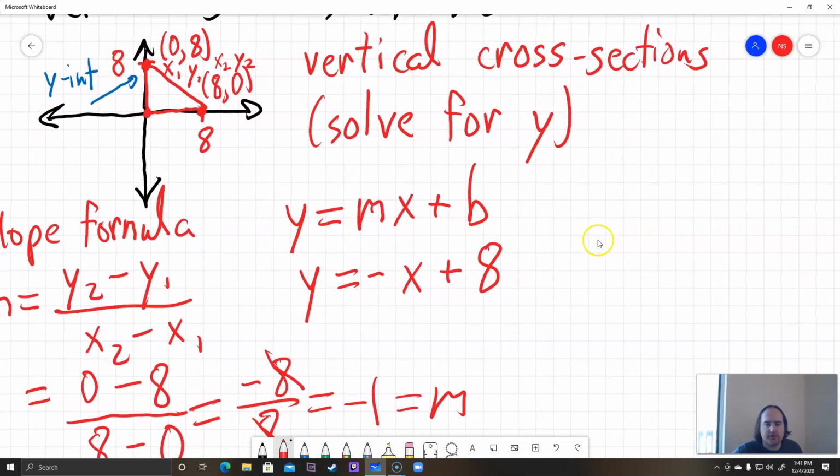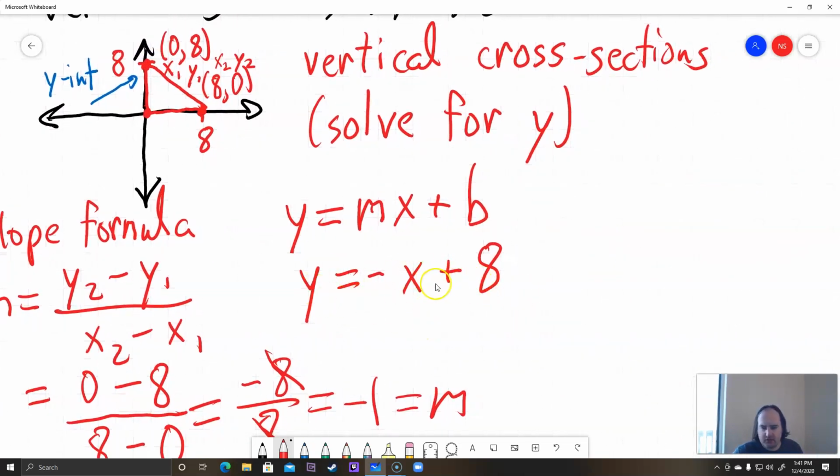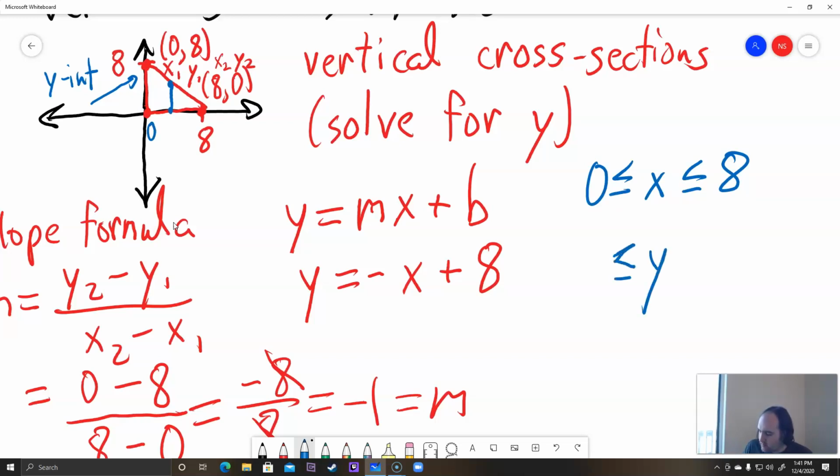And then since we're doing vertical cross sections, I have that solved for y. So now what does a vertical cross section look like? Well, it starts down here and it goes up there. Starts at the bottom, goes up to the top. And we can see that x is starting at 0 and x is ending at 8. So x has to be between 0 and 8. And then y, well, on the bottom, y is bounded by the x-axis, which is just y equals 0.